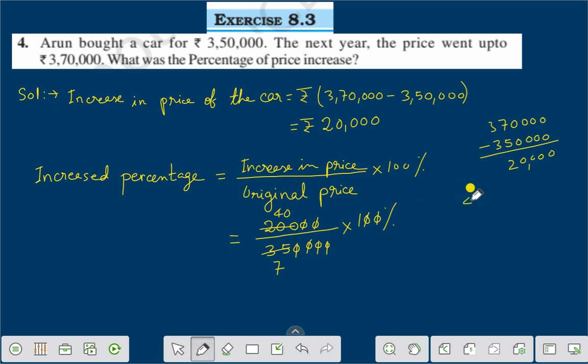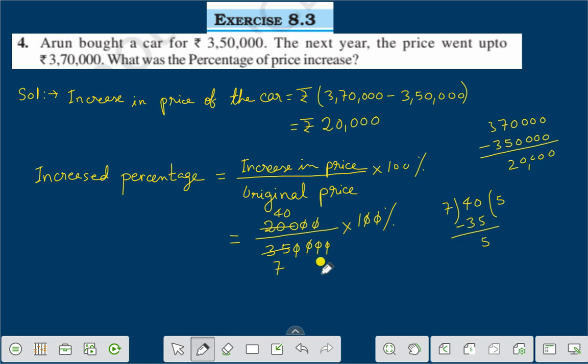If we divide 40 by 7, we are getting 5 7 is 35, 40 minus 35 is 5.